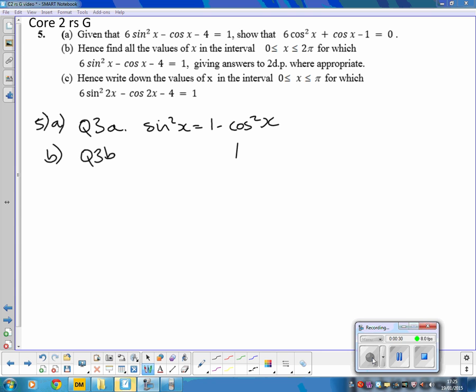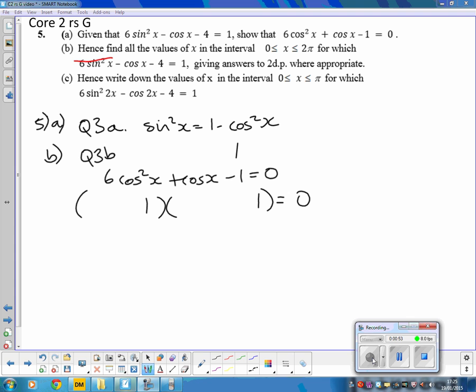Since it said "hence", we're using part A, and part A told us that 6 cos squared x plus cos x minus 1 equals 0. This is a quadratic equation, so let's see if it factorises. It's minus 1 on the end, so that's got to be 1 and 1.